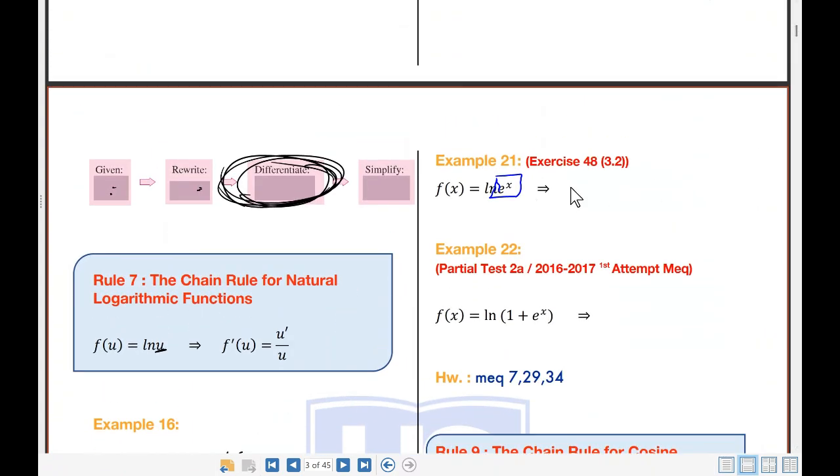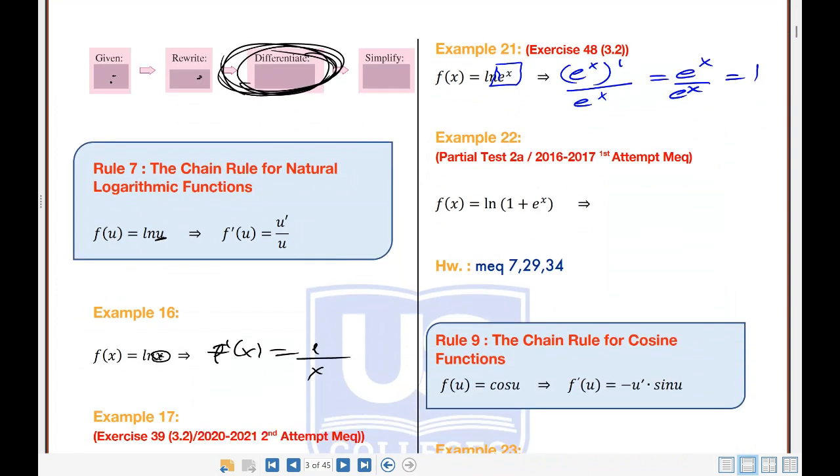So derivative of the angle divided by the angle itself, right? This is the derivative of natural logarithmic function. So derivative of exponential function is derivative of the power, which is 1, multiplied by itself. So e to the x. E to the x over e to the x is 1. Okay, that's it.